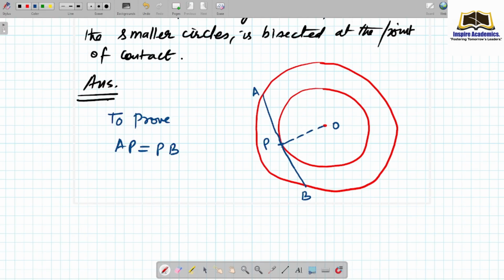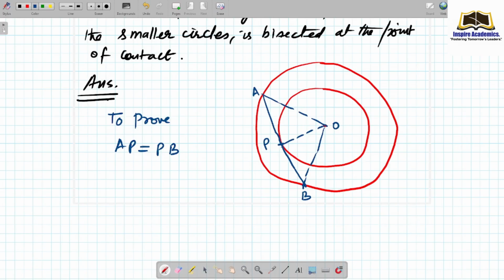Now we can do it either way. Let us join AO and OB. Sir, you can use Theorem 1. Absolutely, there is no need. You can have so many ways to do it.